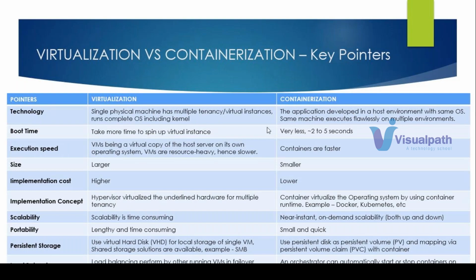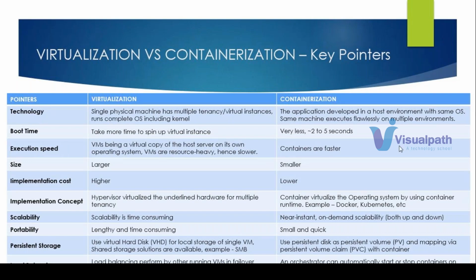Boot time: it takes more time to spin up a virtual instance, but in case of containerization, it takes minimal time, like between 2 to 5 seconds, though depending upon the dependency it can take some more time, but it's very much less than what virtual instances take.